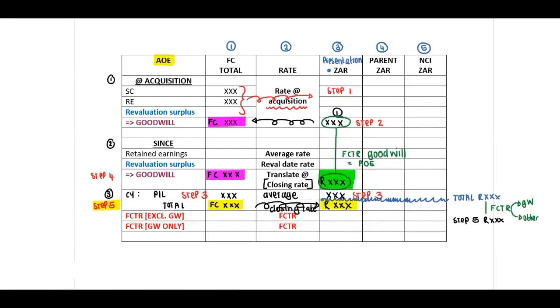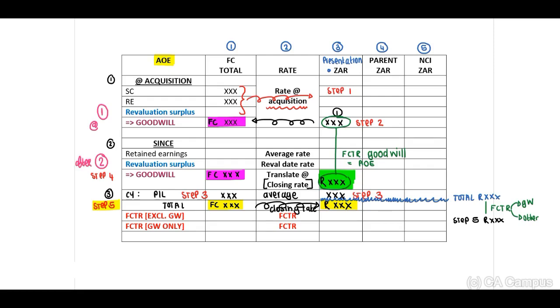When you look at the analysis of owner's equity, remember we have scenario number 1, where we have our revaluation at acquisition date, and scenario number 2, when we have our revaluation after acquisition date.